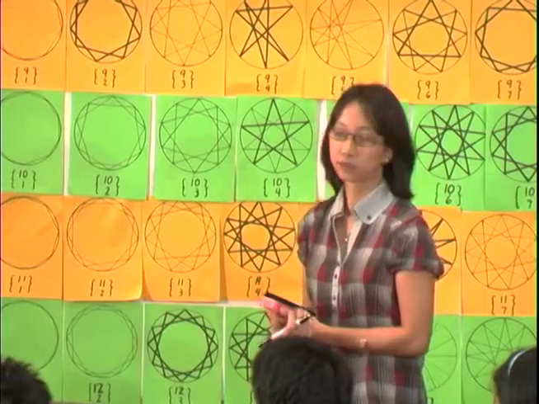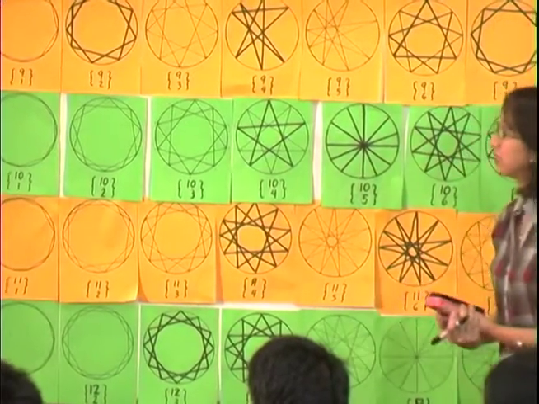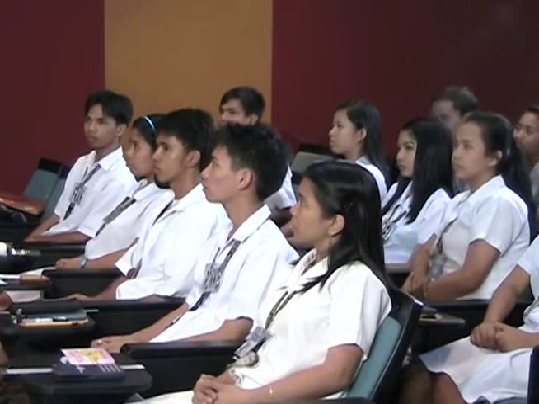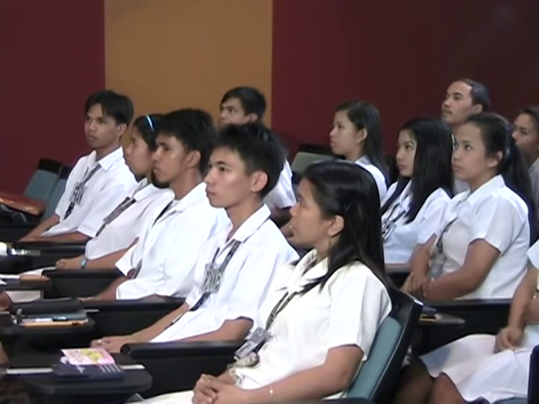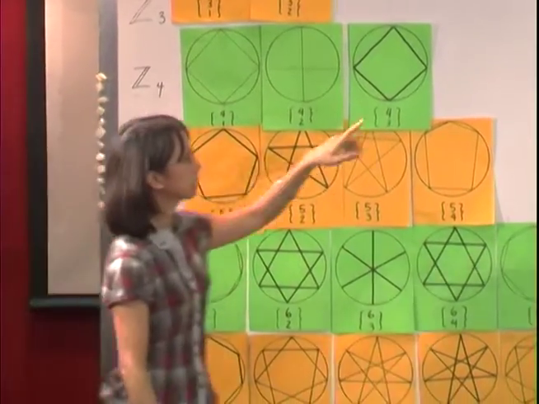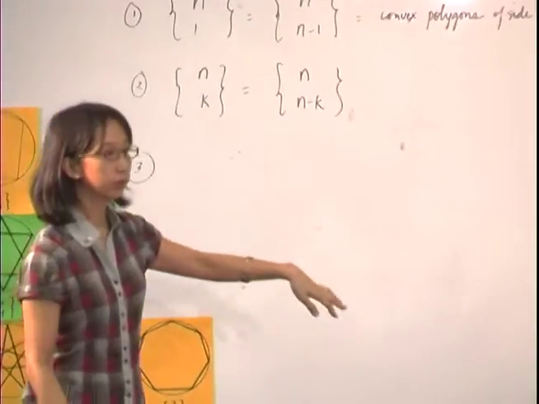Look at the green ones. The middle portions of the green ones. What can you say about the green ones? The green ones are the 4, 6, 8, 10, and 12.